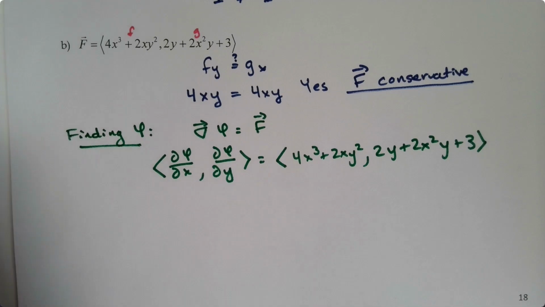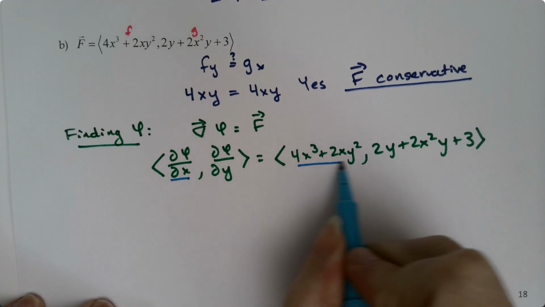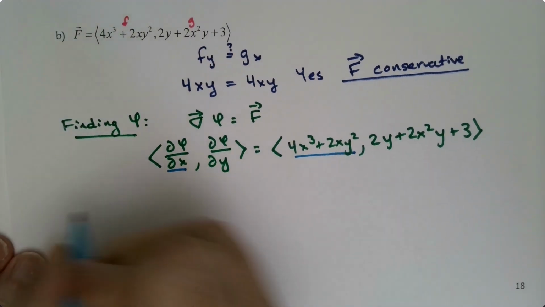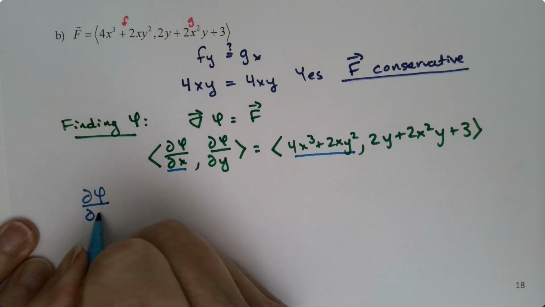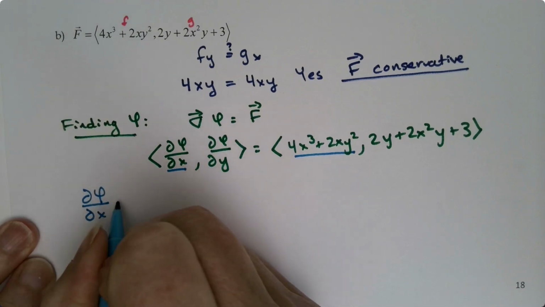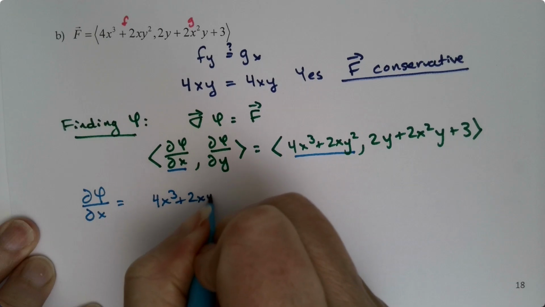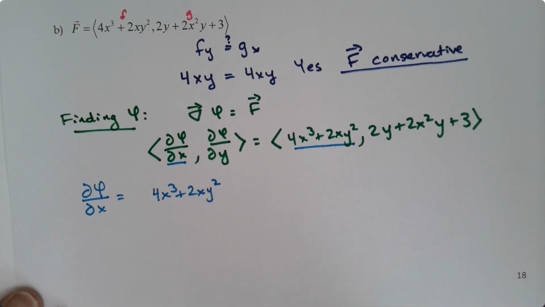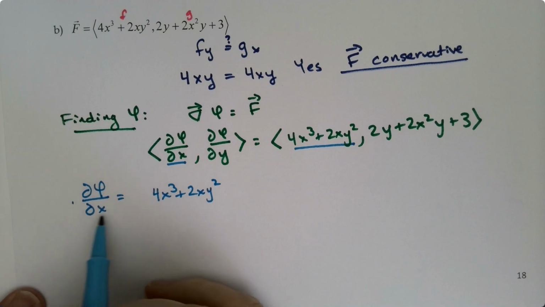Okay, so we're going to set the x components equal to each other. So this component equal to this component. So the partial derivative of phi with respect to x is equal to 4x cubed plus 2xy squared. And then what we do is we multiply both sides by the differential in the denominator.